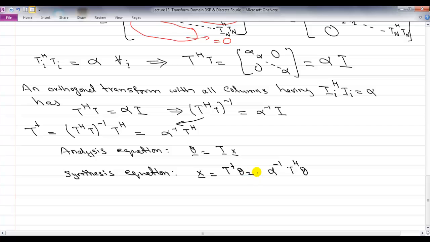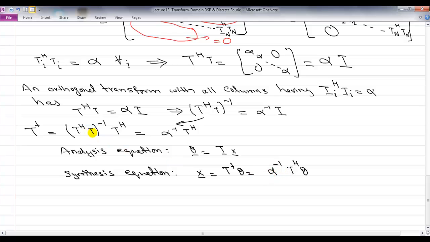So when we did not have an orthogonal transform, we were inverting a matrix. Now remember, all of these operations we are trying to do inside some sort of a digital system. When we did not have an orthogonal transform, we were asking our digital system to invert a matrix.